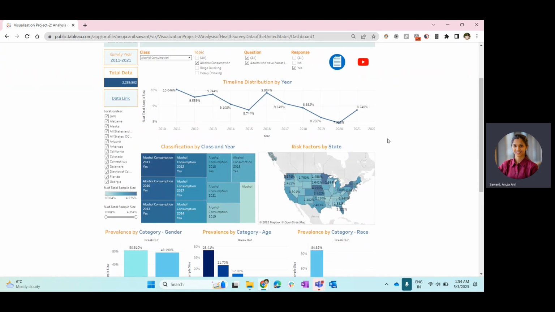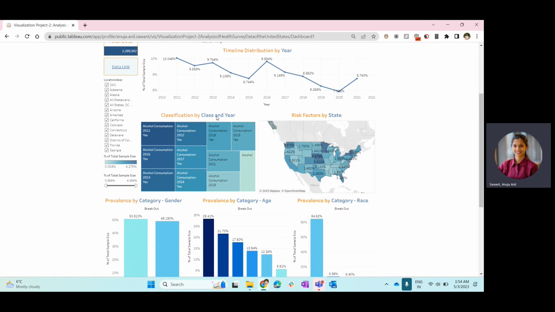We can see the trend over the period of years: it was recorded highest in 2011, and then it went down again, it fluctuated, and it drastically dropped in the year 2020, and it's still rising.